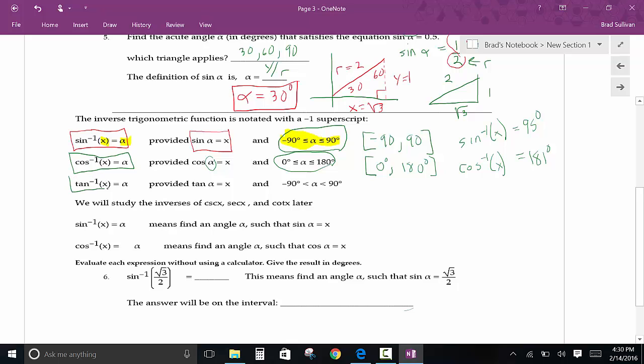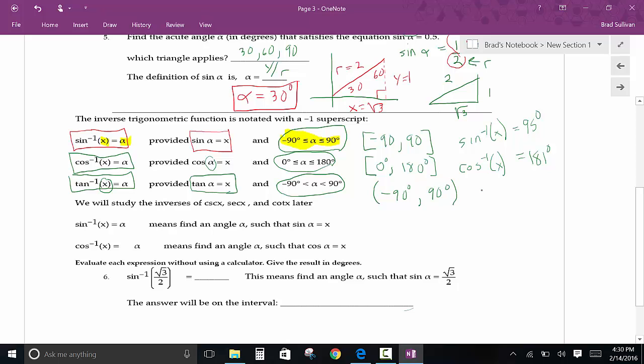Okay, and then we have the inverse tangent, which just basically means you're finding the angle alpha. And again, what am I doing? I'm giving you really the ratio of y over x in that problem. And then what happens is an inverse tangent can only be on that interval. Now, this is an open interval, because the tangent of 90 degrees is undefined.